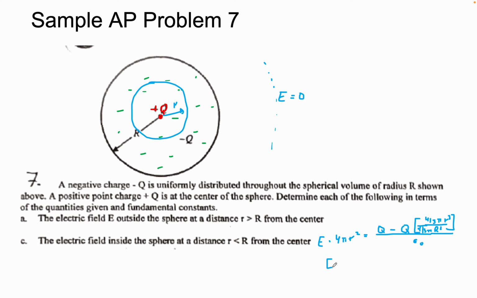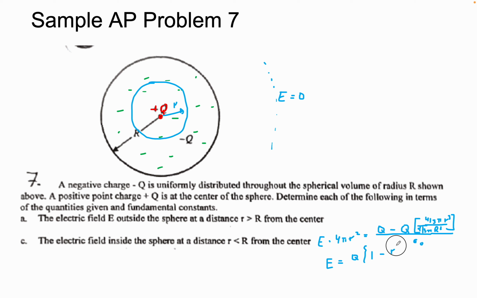We end up with the electric field just being Q times the quantity 1 minus, let's see, what can I do? I can't do much with this one, sorry.